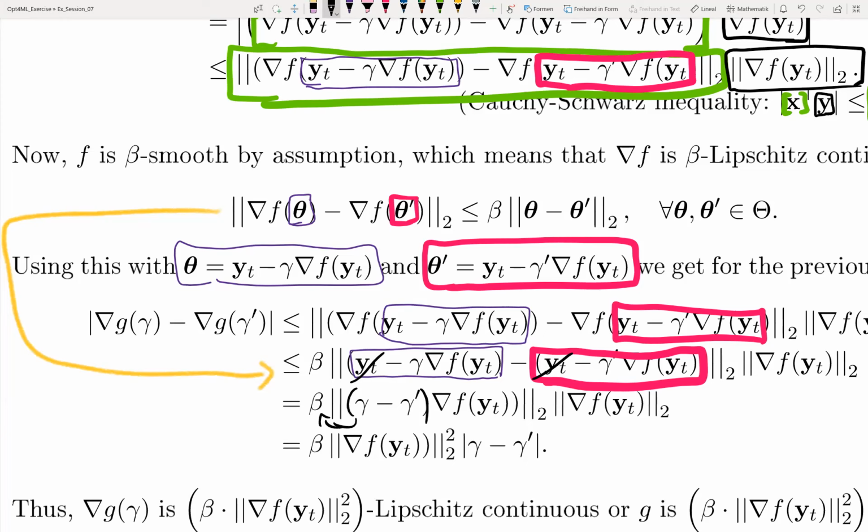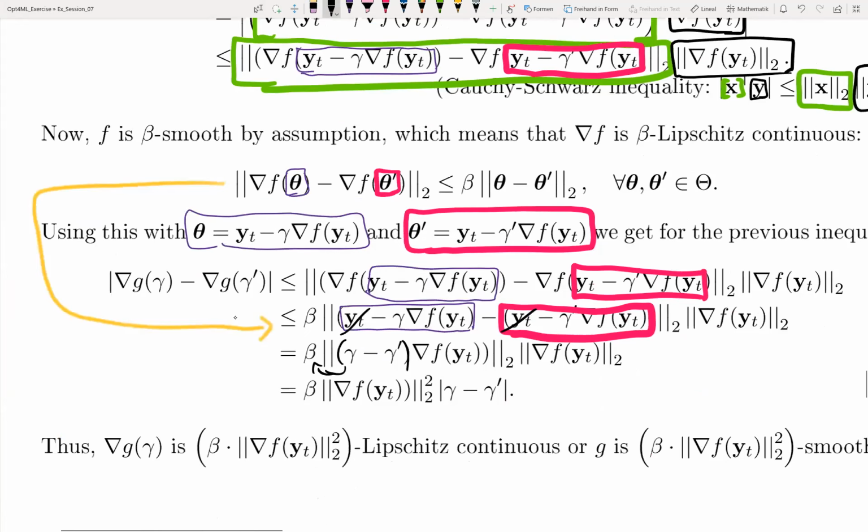So what we have at the end is exactly what we wanted to show. The difference of the hypergradient, evaluated at 2 different points, gamma and gamma prime, is bounded from above by the claimed Lipschitz constant, which you see here, times the distance between the input values, gamma and gamma prime.